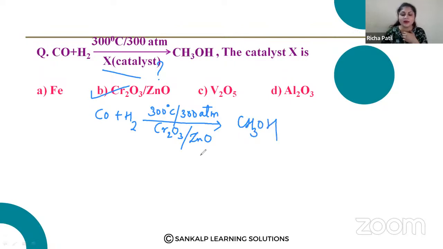This is an industrial preparation of methyl alcohol. So in industry, in large quantity, you can prepare your alcohol by this method, using this particular catalyst. To balance, it will be 3. So next, we'll see the next one.